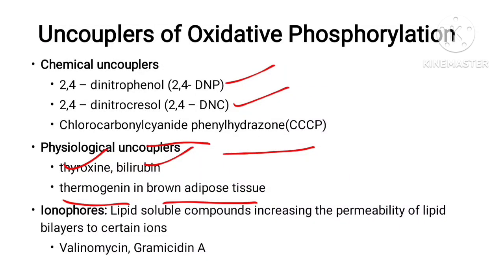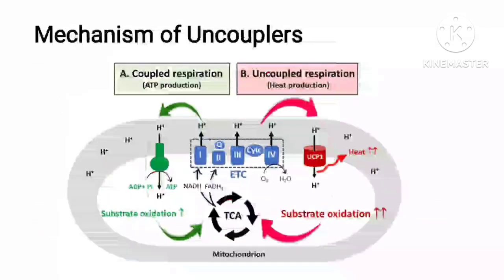And apart from this, some ionophores. Ionophores are lipid soluble compounds which can increase the permeability of lipid bilayers to certain ions. Valinomycin and gramicidin increase the permeability of the inner mitochondrial membrane for protons. These are examples of uncouplers.